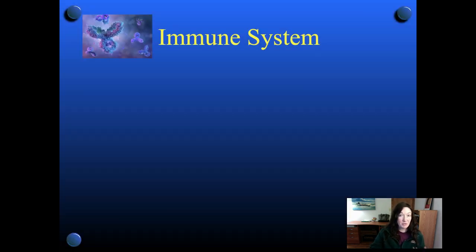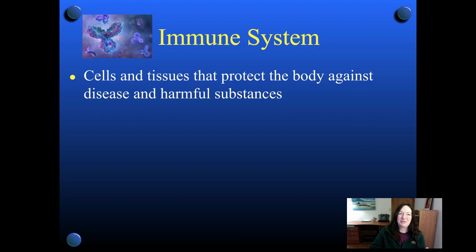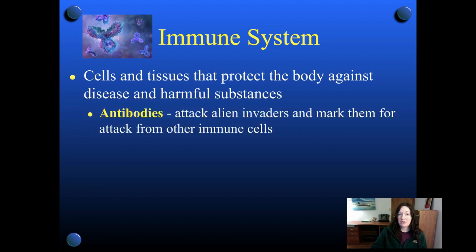Your immune system, we've learned a lot about this more recently as we've been going through a pandemic. It's the cells and tissues inside your body that protect you from disease and harmful substances. And one of the most important things you can do for your immune system is get sleep. Antibodies are things that attack alien invaders and mark them for attack from other immune cells. And then you have other things in there.